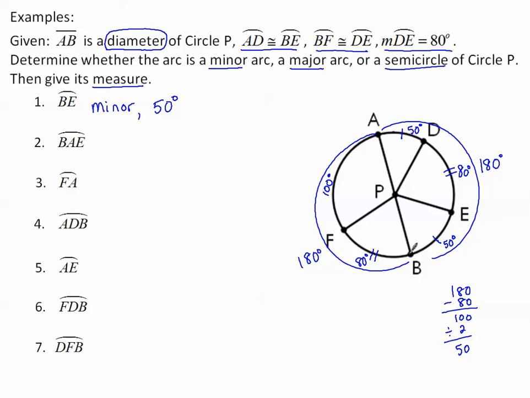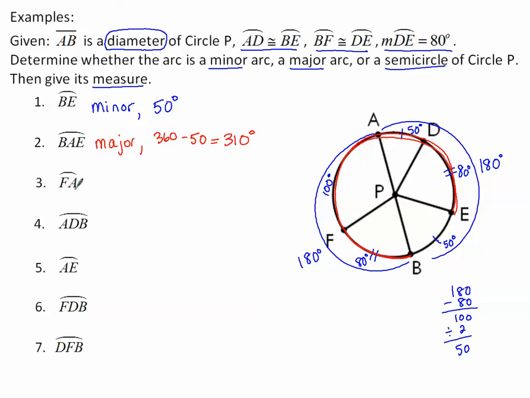Well, because I'd be backtracking. So from B, I have to go to A before I get to E. Notice that's the entire circle except for one little part, that 50 degrees. So that's more than halfway around the circle, major arc. And if it's everything but 50 degrees, I subtract from 360. So that's 310 degrees.